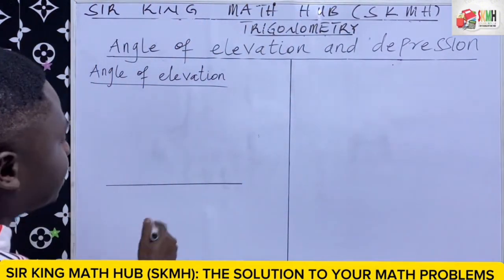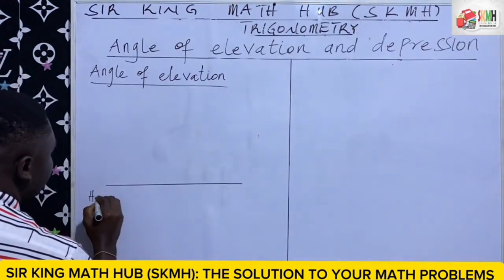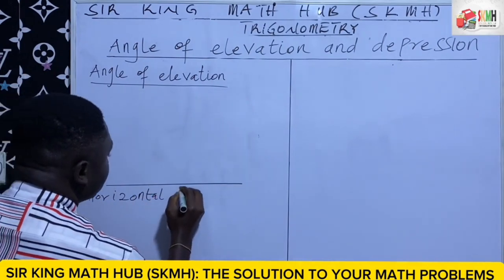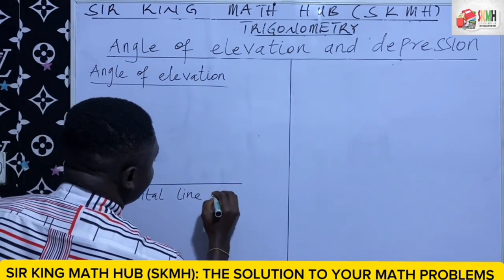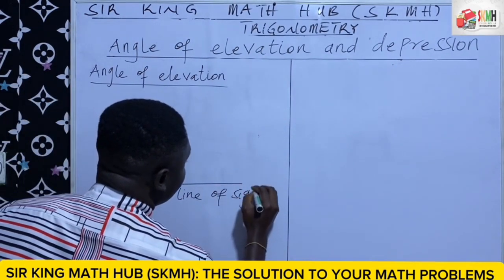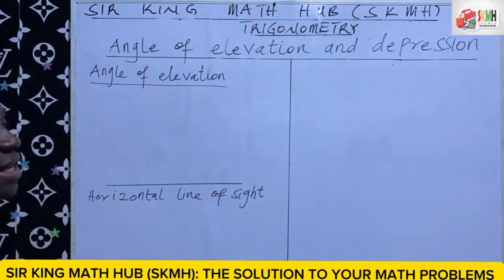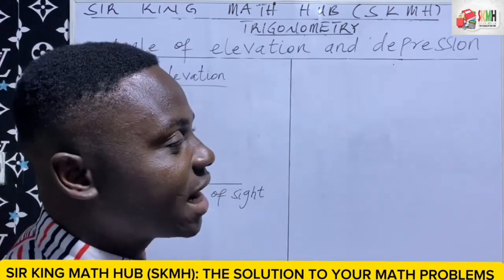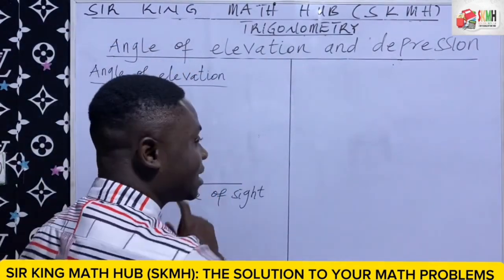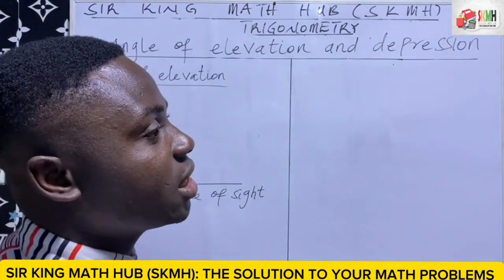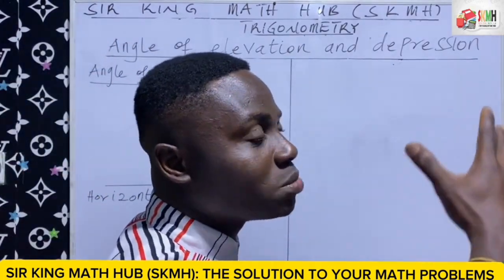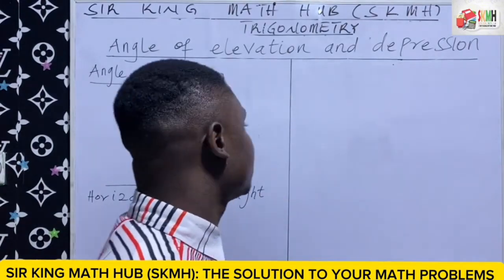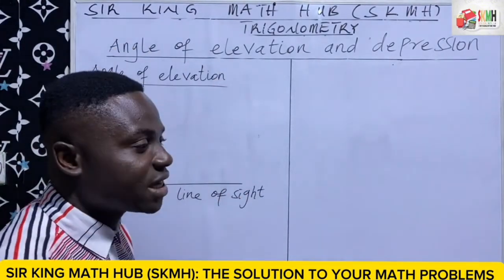I'm calling this line here the horizontal line of sight, because it is this line that connects our eyes with the object we want to view. Without this line, there's no way we can view an object. So this is our horizontal line of sight.